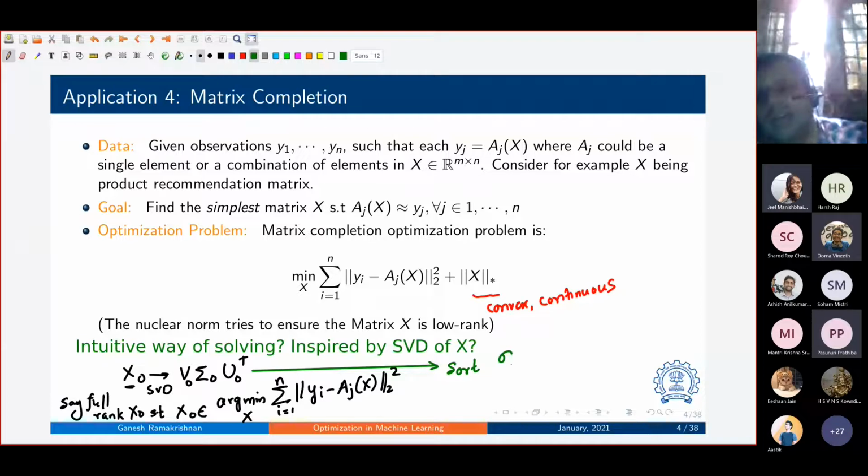Sort the sigma squares: sigma 1 squared greater than or equal to sigma 2 squared, down to sigma k squared, which in this case could be the min of m and n.